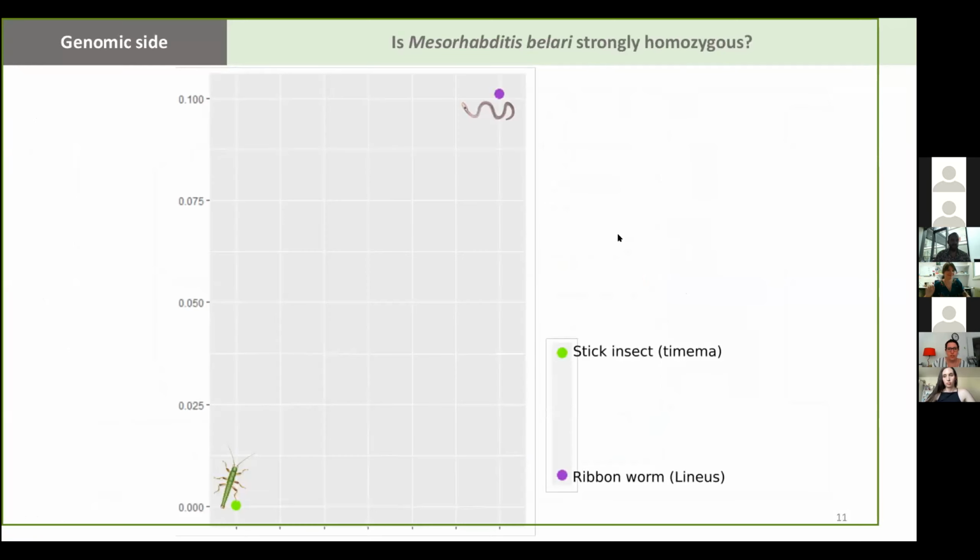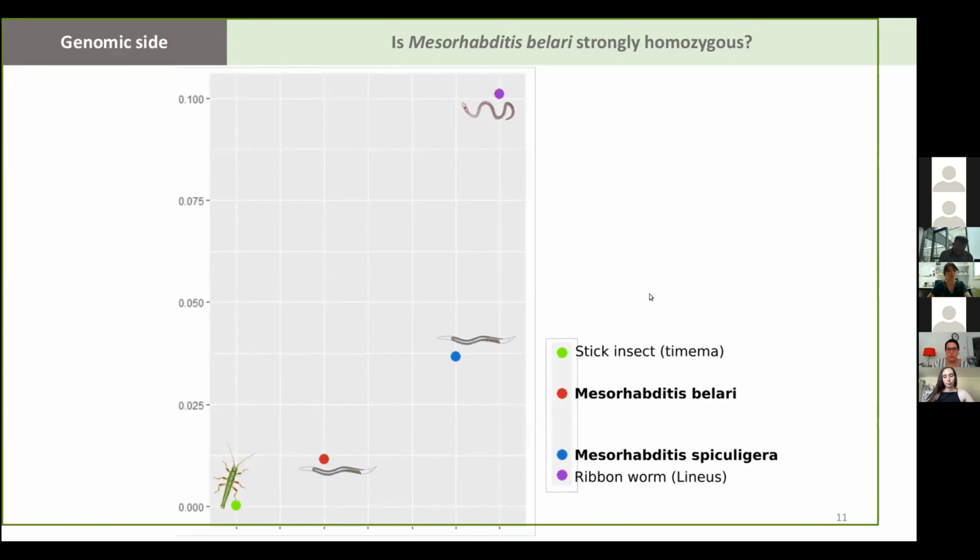So the first question was, is the heterozygosity of Mesorhabditis belari particularly low? Just to give you an order of magnitude, I show you here two asexual species: the Timema stick insect that Tanya spoke about before, which has a rate of heterozygosity close to 0, and at the opposite, the ribbon worm Lineus, which has an incredible rate of heterozygosity of 10%.